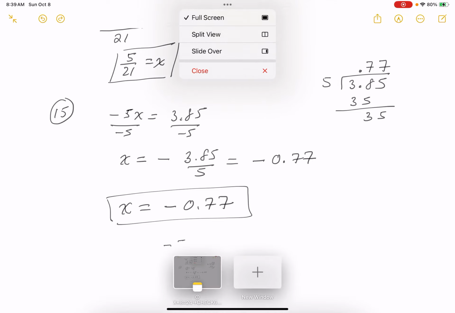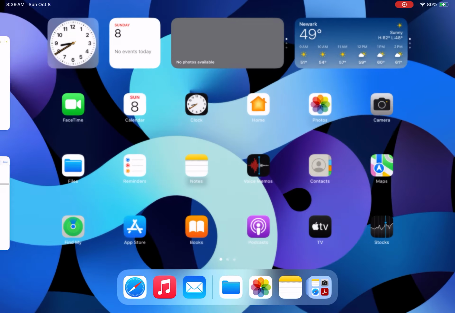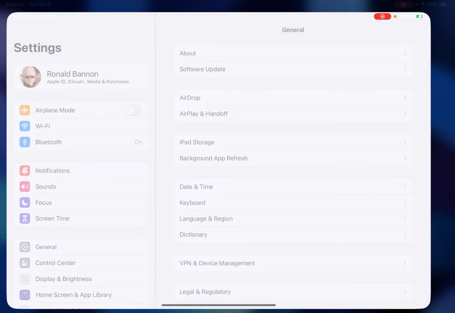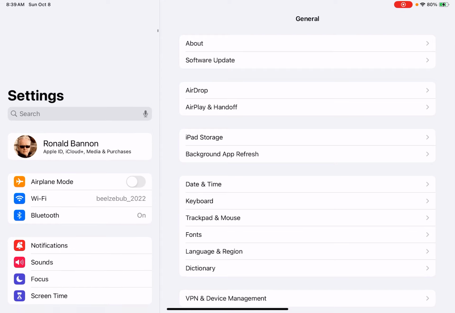Let's see what happens now. Well, my pencil's not working. Let's try again. I've got to go back to my system preferences, I think, and wonder why it's not pairing up.